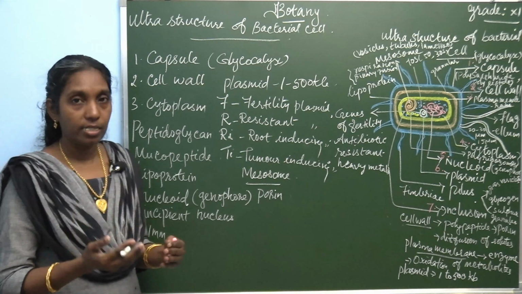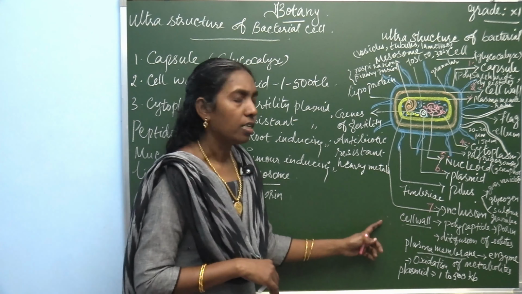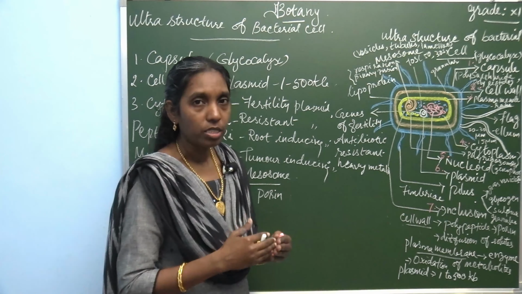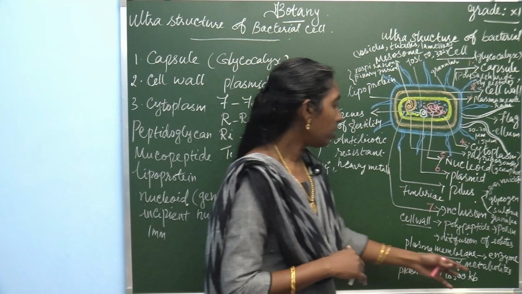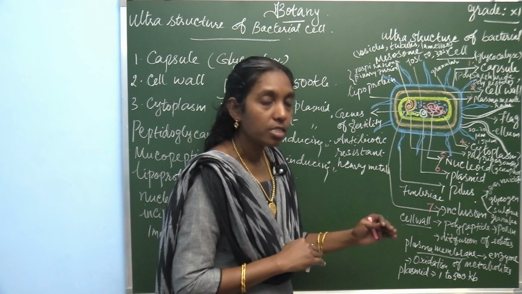Photosystems are present in certain bacteria that perform photosynthesis, so at that time the enzymes present in the plasma membrane help in oxidation of metabolites.